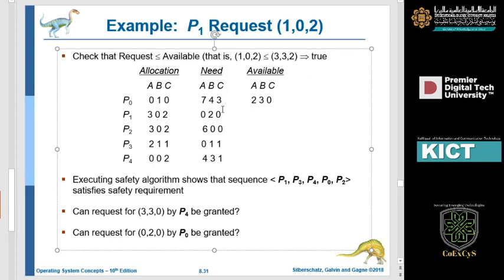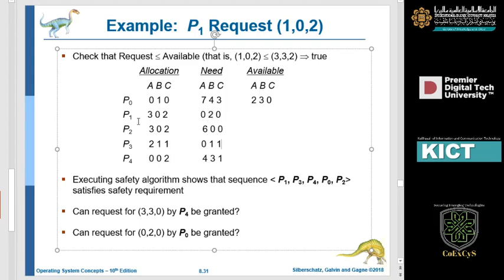Now if you look at the resources that each process currently needs, which one can be satisfied for it to move forward? None of these processes can move forward except for P1, because P1 now requires 020, and what is available is 230. It will still be able to get the B resources in order to run.